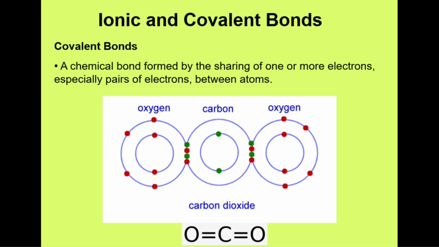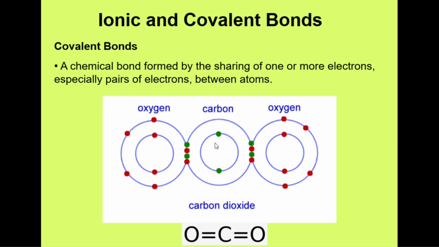Okay, when we look at carbon dioxide, we can see something a little different. We can see the formation of double covalent bonds. So here's carbon again with its 6 electrons, so 4 valence electrons, and 2 oxygens, each oxygen with its 6 valence electrons needing to get hold of 2 more. So we've got an oxygen here and an oxygen here.